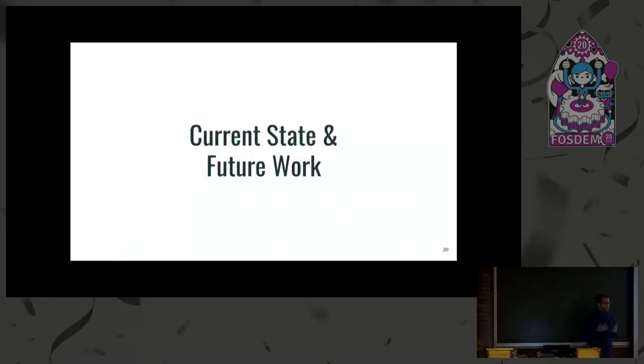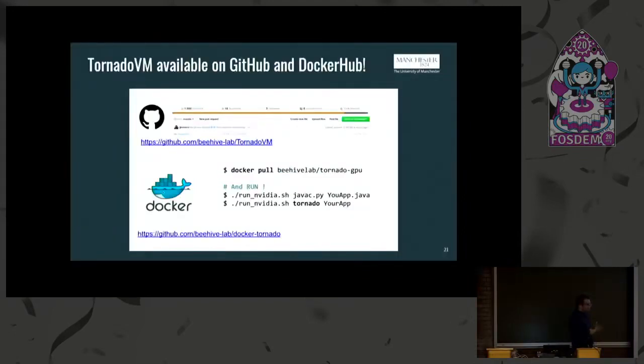Let's have a look at the current state of the project and the future directions that we have. Tornado is currently available on GitHub. It is open source, so feel free to try our examples and go through the documentation. We also have Docker images available for NVIDIA GPUs and integrated GPUs.